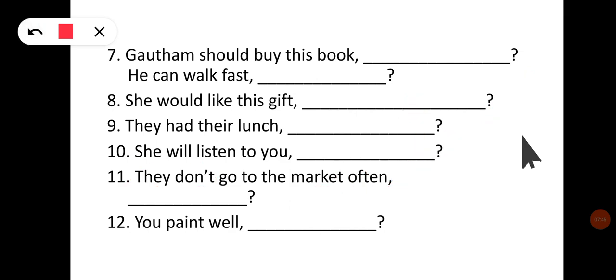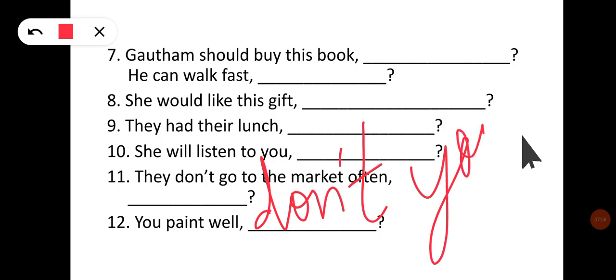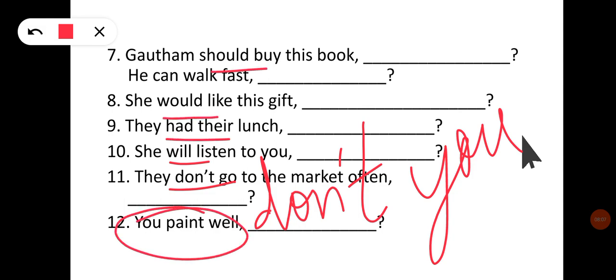Next one. You paint well. Paint is verb form 1, that means do is already there. So you have to change that into negative. When you change it into negative, don't will be given and you can be used as it is. When you do not have the helping verbs, see here you have a helping verb in each of these, but in this case, you do not have a helping verb. So there you have to finalize the sentence looking at the verb.